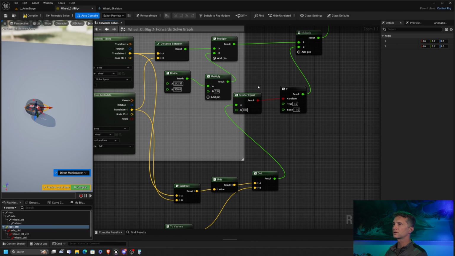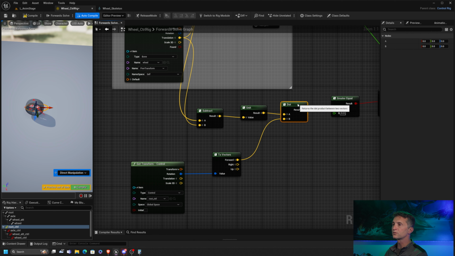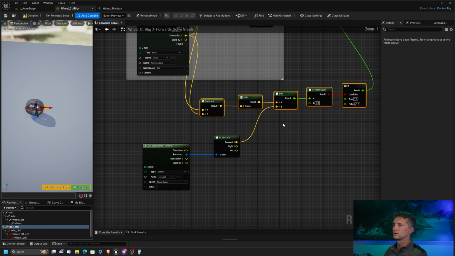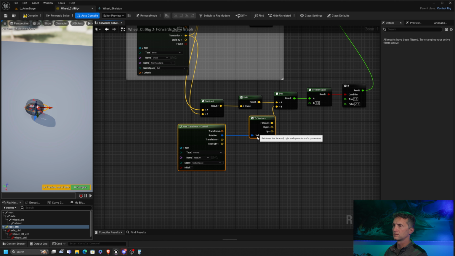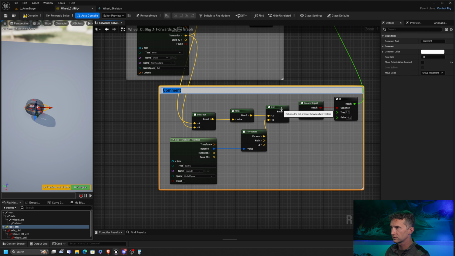That's the dot product. This is literally all about determining whether the wheel is going forward or backwards relative to the root control. Which way is the root control traveling? So let's comment on this. This is rotation direction, which is cool.